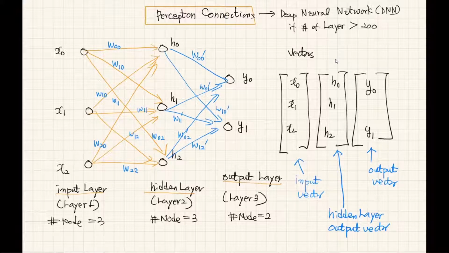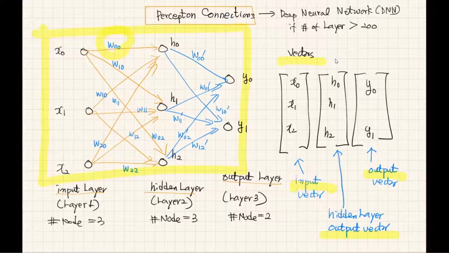Sometimes this numbering might be a little bit difficult, and sometimes I make mistakes. But what I'm trying to explain to you is that this is the basic structure of perceptron connections. There is an input layer, hidden layers, and an output layer. They are connected with weighted numbers, and at each node the input and output, and the hidden layer output, can be represented by these vectors.